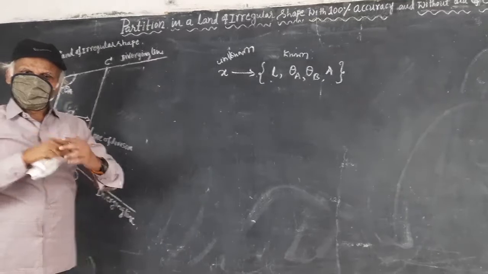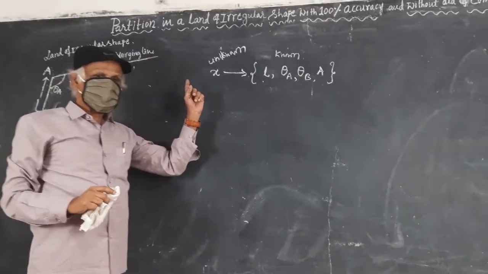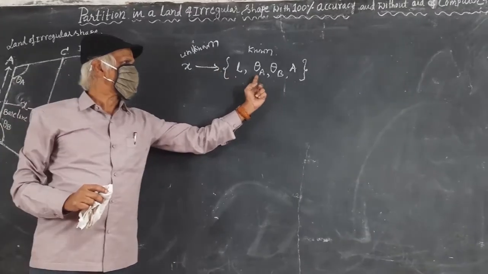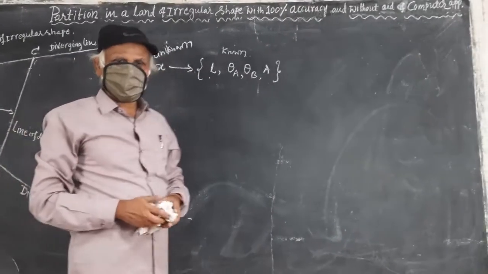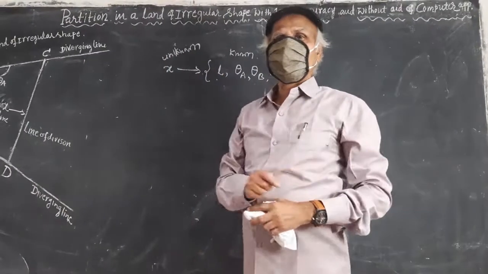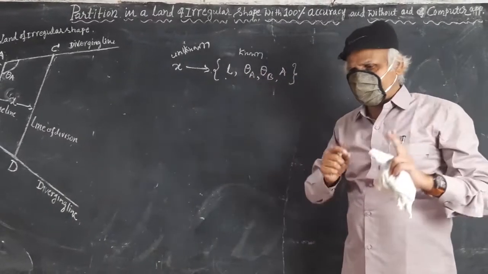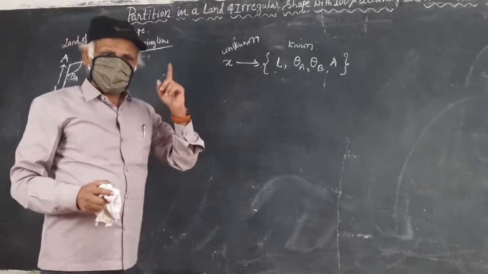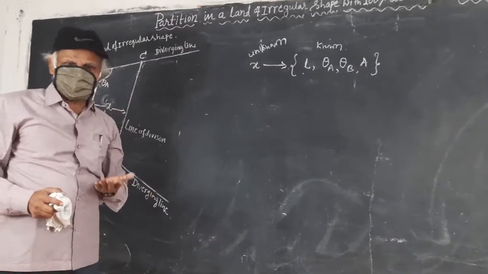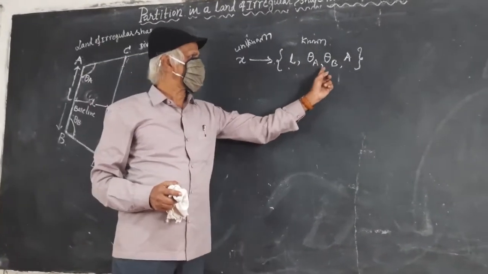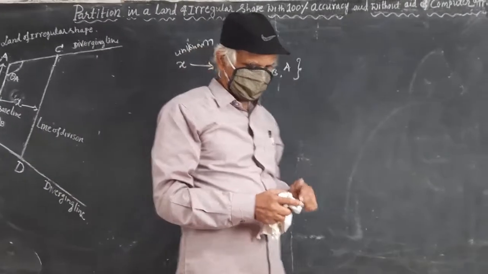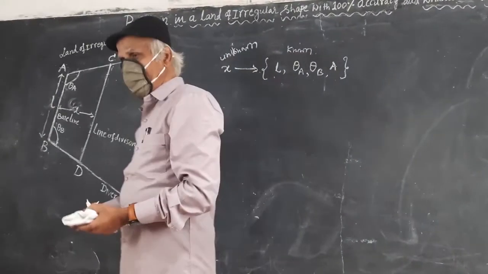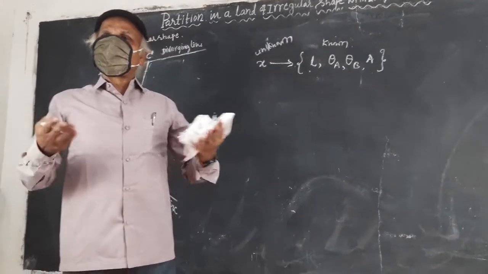If one is able to build an equation in x using these quantities, then only it is possible to find x. Then only it is possible to express x in terms of these quantities. If so, then how to build an equation in x?